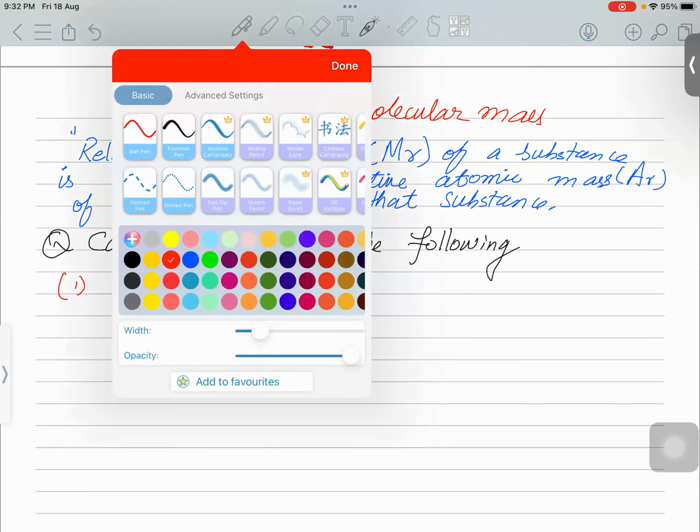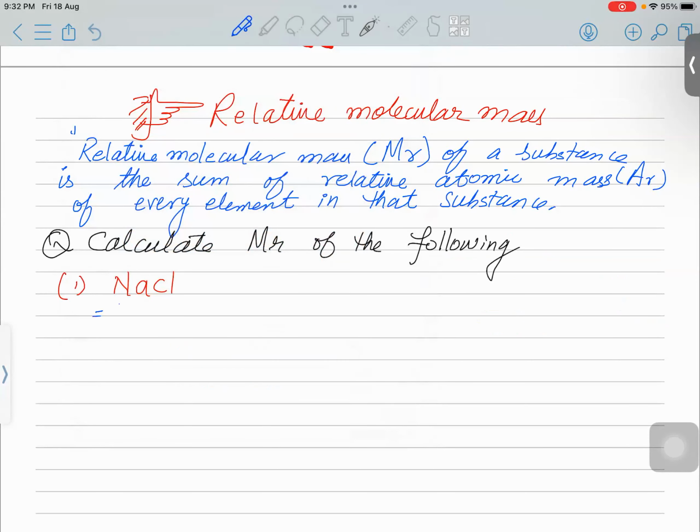Now, can you tell me AR of sodium? Can anyone tell me AR of sodium? 22.990. It means 23.